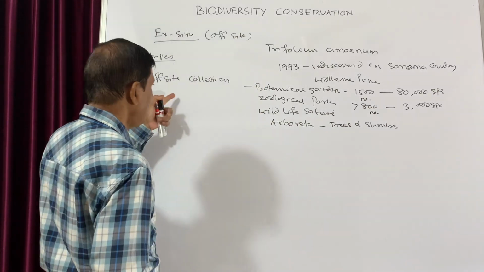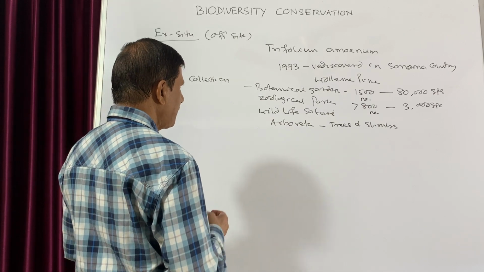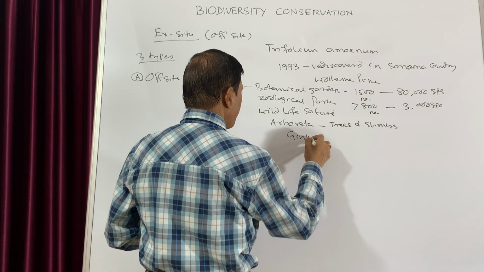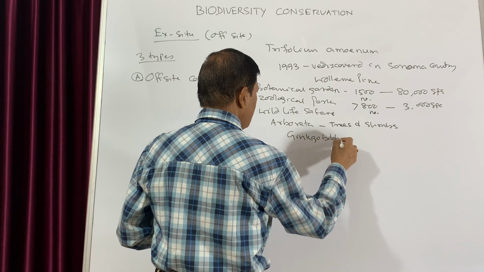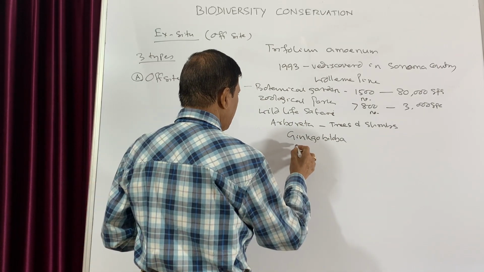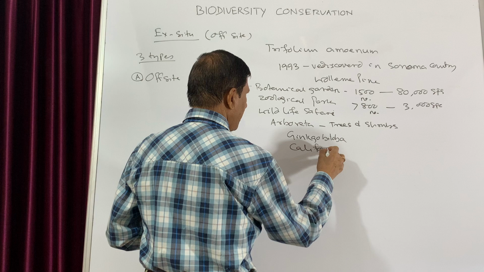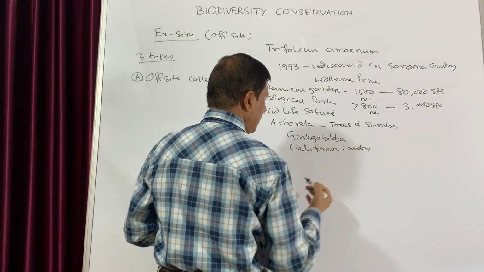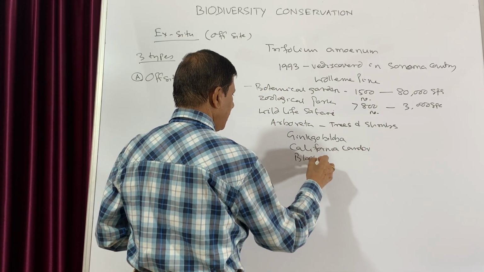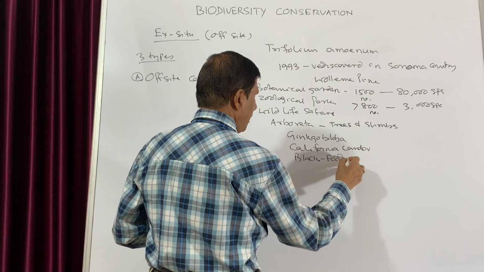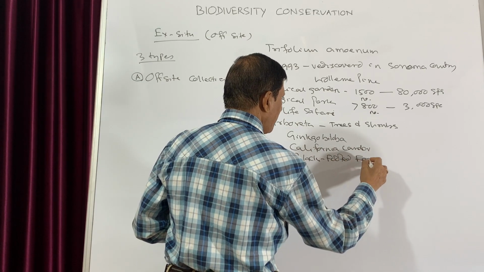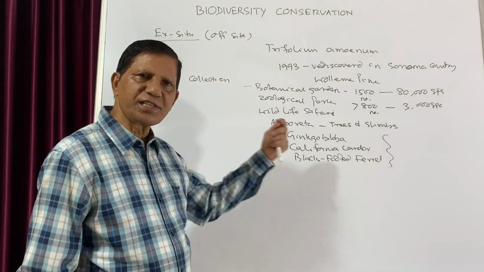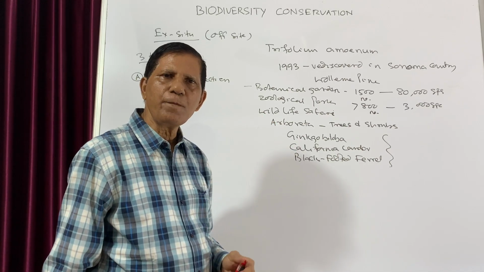By this off-site collection, some important species like Ginkgo biloba, which is a gymnosperm plant, then the California condor, then the black-footed ferret, these three have been saved from extinction by means of off-site collection.